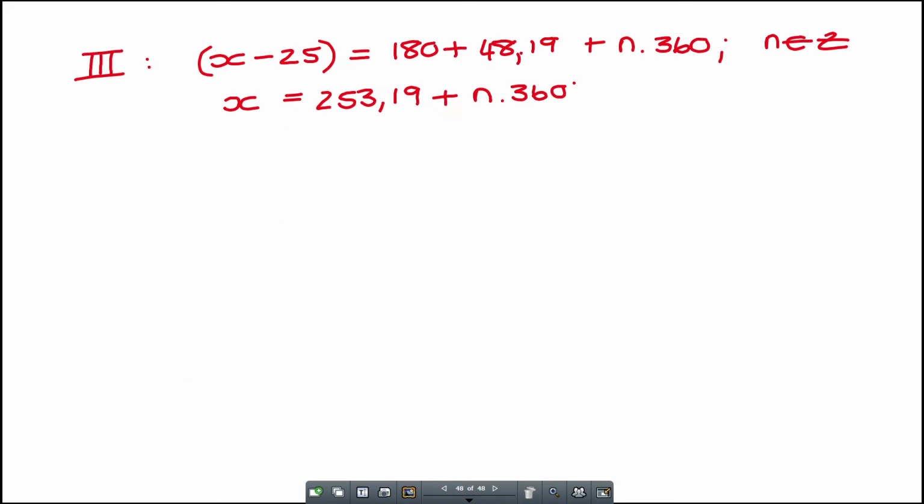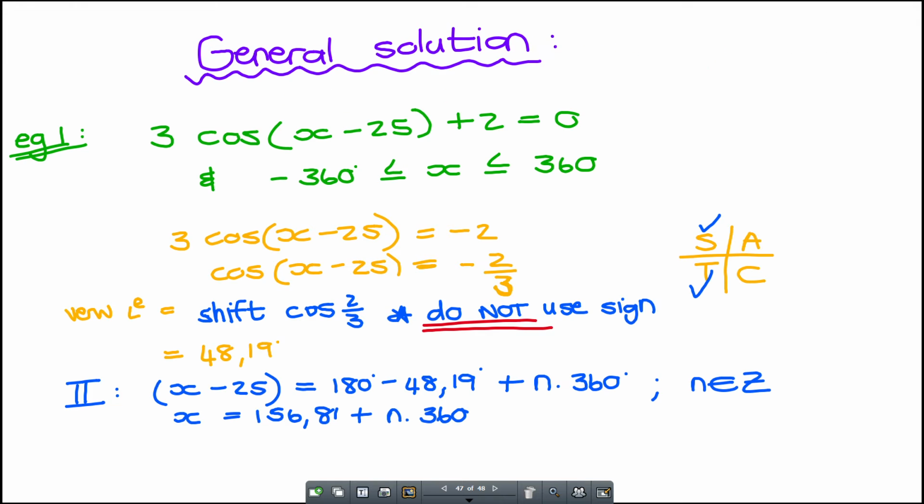Okay, so so far I've only got equations, nee? Okay, so let's work with quadrant 2 now. So ons het gesê 156,81 plus n times 360.